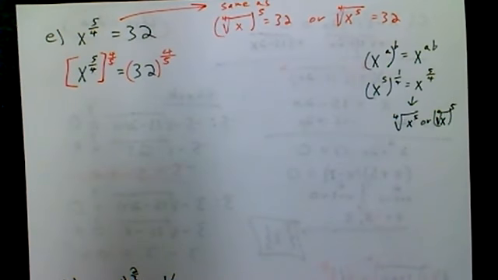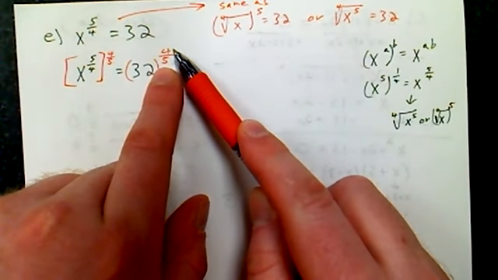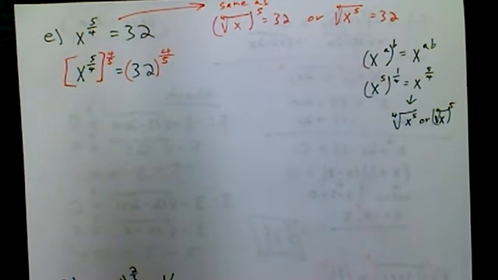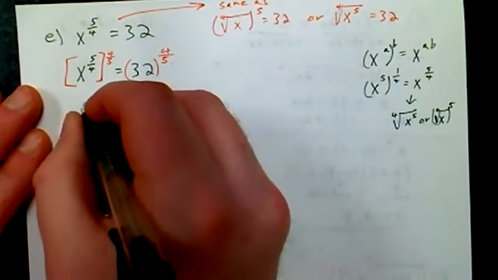Okay, that's the same as taking a 5th root and then raising it to the 4th power. Okay, really think about that for a sec. Really dig deep back into your algebra. Okay, so when we do that, let's think about this. This will now be just x.